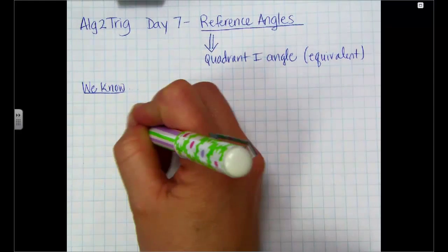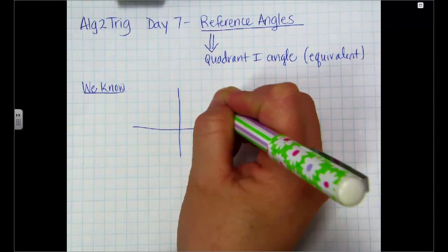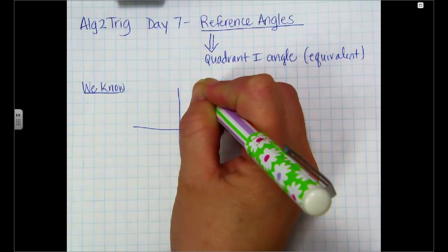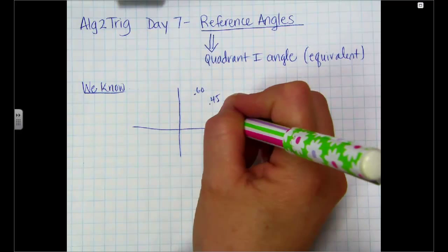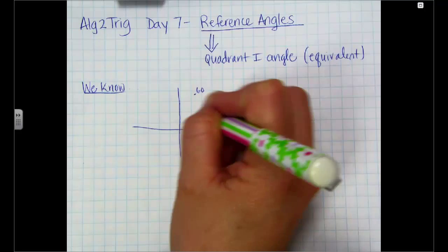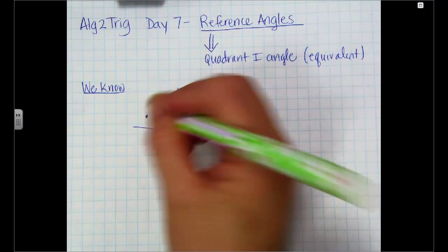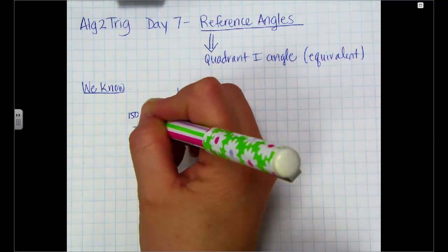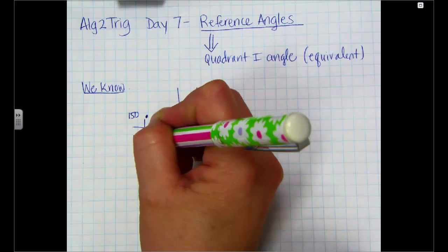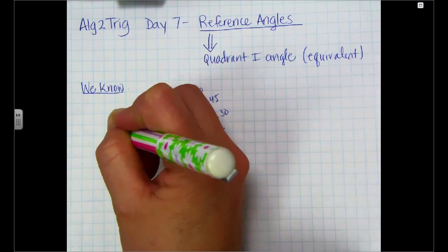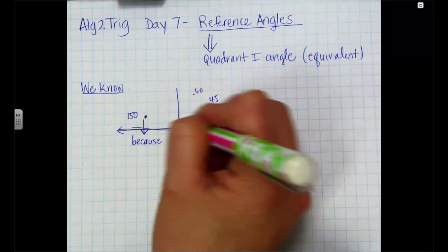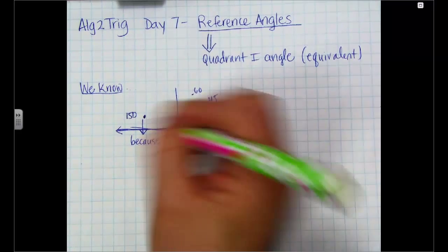Okay? So think about what we know from before with our basic unit circle. Again, the three basic parents in quadrant 1 are 30, 45, and 60. We reflected those over the x-axis to land in quadrant 2. And when we got our 30-degree reflection, we landed at 150. And I kept saying, why is that the case?